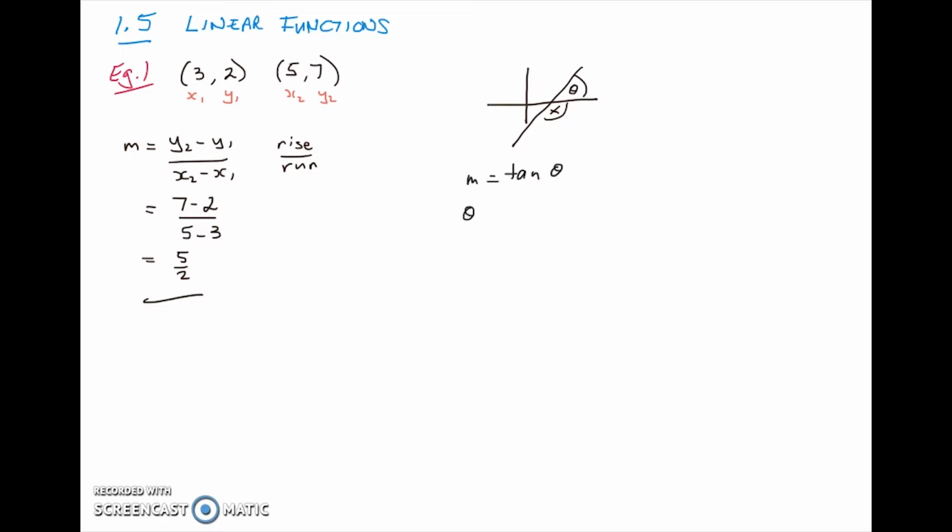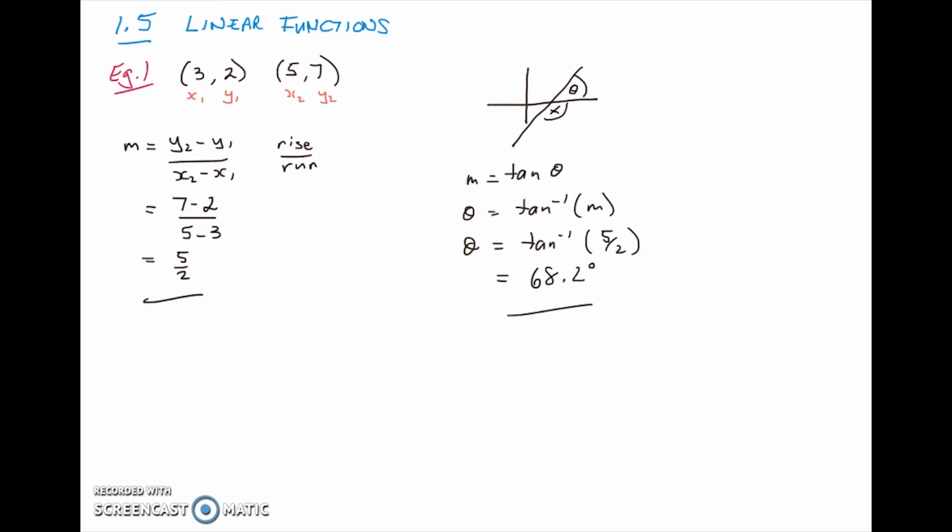Our rule is gradient m is equal to tan theta, and if we rearrange that, theta will equal the inverse operation of tan, sometimes called arctan, of our gradient m. So theta equals the inverse tan of the gradient 5 over 2. Put that into your calculator, making sure that it's set on degrees, and that gives us an answer of 68.2 degrees.